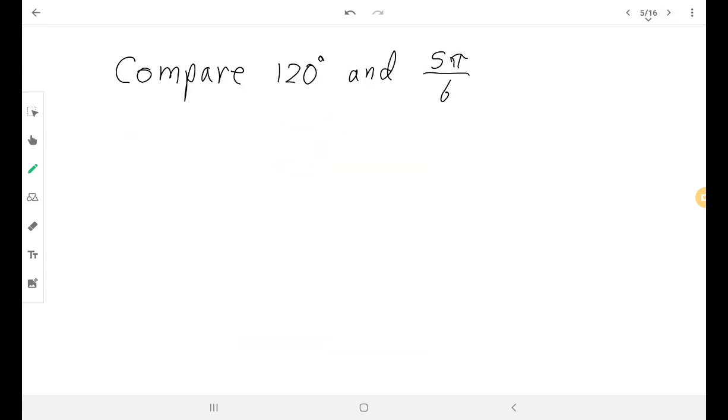All right, so let's compare 120 degrees and 5 pi over 6 radians. Let me do this visually first and show you kind of how to split things.